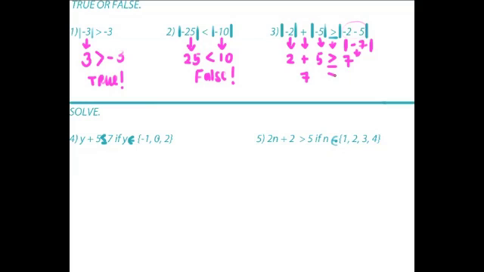If I drop these down, my statement now says 7 is greater than or equal to 7. Does that satisfy this problem? Is 7 greater than 7, or is 7 equal to 7? 7 is equal to 7, right? So it does satisfy. This is true. 7 can be equal to 7. So the answer for this one is true. And you don't have to put the exclamation points; I'm just super excited, so I put them in there. But that's it.